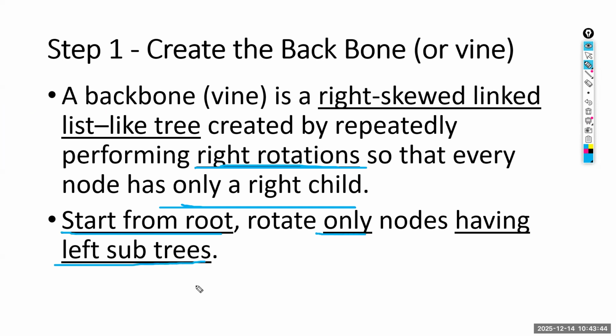You start from the root and keep doing right rotations, but you do a right rotation only if that node has a left subtree. It's very easy. That is how you create your backbone or the vine.